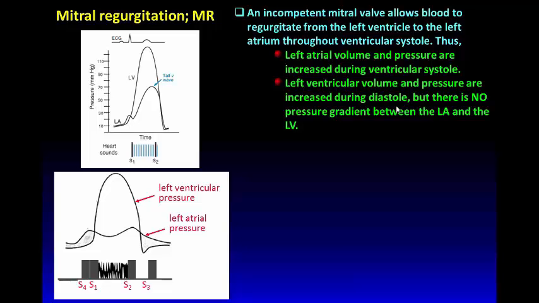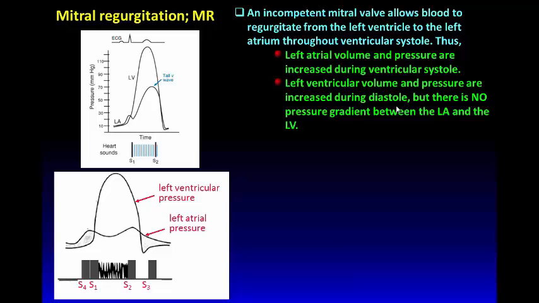Remember, in the first lecture we mentioned that the left atrium serves as a receptacle and a blood reservoir for the left ventricle. So blood accumulates in the left atrium during diastole, before the mitral valve opens.